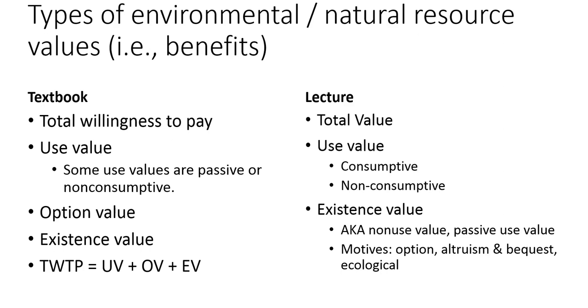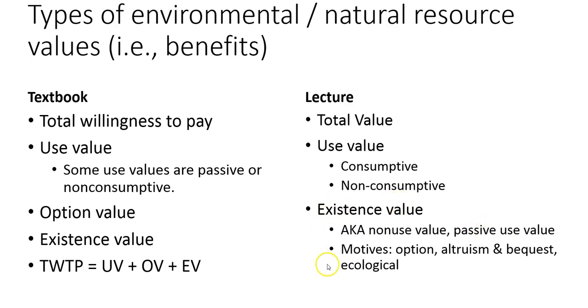And then there are existence values. And these existence values are also known as non-use values or passive use values. And in my accounting of these values, existence, non-use, and passive use are all synonyms. They mean the same thing.